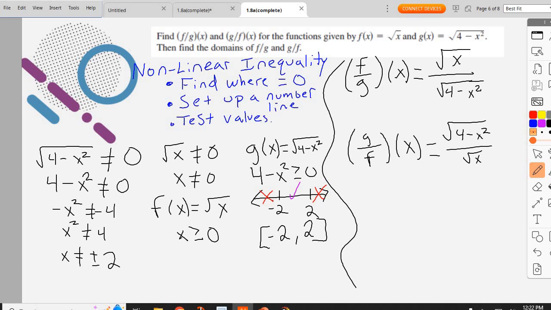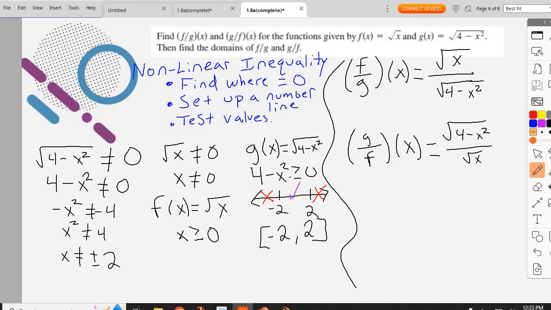We plugged in something to the left of negative 2, like negative 3. That did not work. We plugged in something in the middle, like 0. That did make my inequality work. And we plugged something into the right, like 3, and that also did not make it work. So our domain for our g of x was negative 2 to 2. Yes? We all recall doing this yesterday.